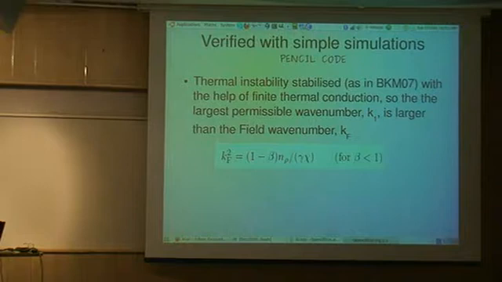So how can we really resolve this condensation mode of the thermal instability? When the condensation starts, you have to stop it. Otherwise it is going to be a subgrid effect and it will crash your code. So the trick that we use, which is now kind of a standard procedure, is to use the properties of the thermal instability itself.